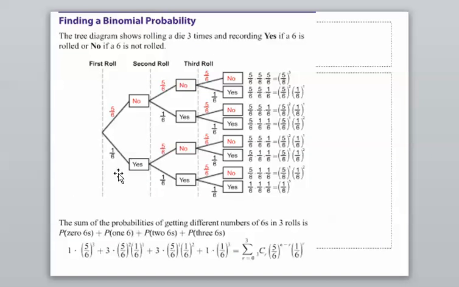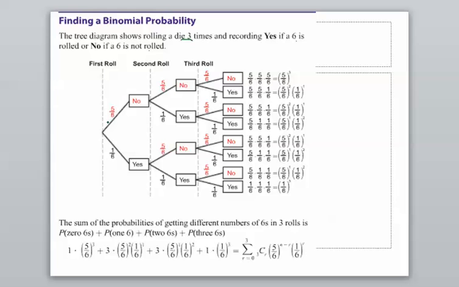So one way of doing a binomial event is by sticking it into a tree diagram. Say you've got a tree diagram that shows rolling a dice 3 times, and you record yes if it's a 6, and no if it's not a 6.